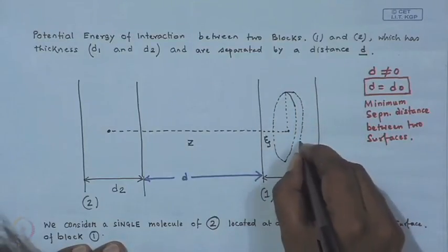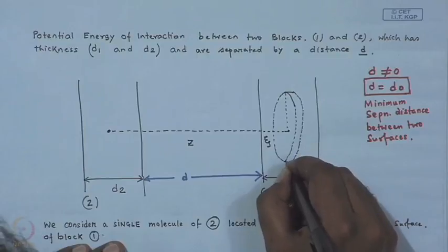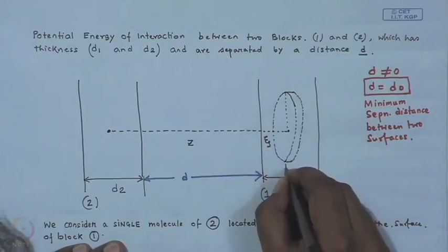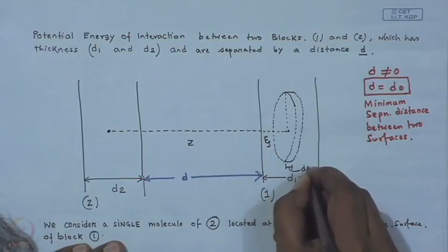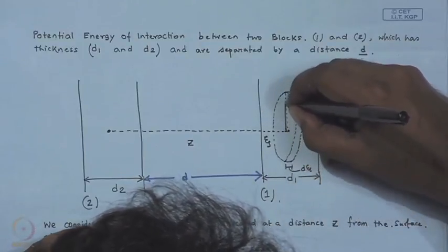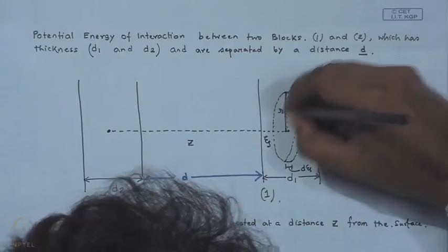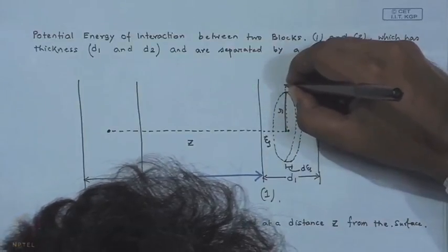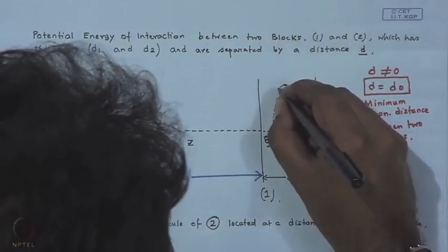If you follow the construction, you should be able to understand it very clearly. So, this is dz, this is y, and let us say the width of the rim is del y.